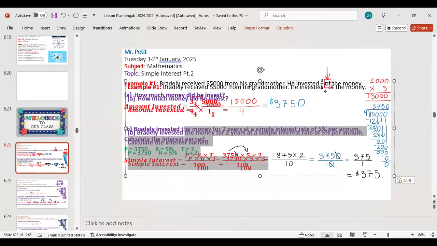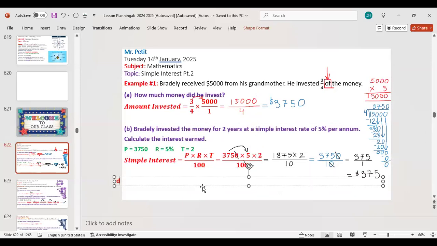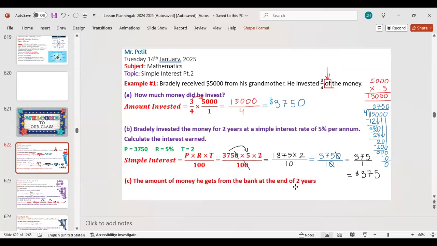Part C asks us to tell it I want to know the amount of money he gets from the bank at the end of 2 years. You remember how to do this? The amount of money he gets from the bank at the end of 2 years.